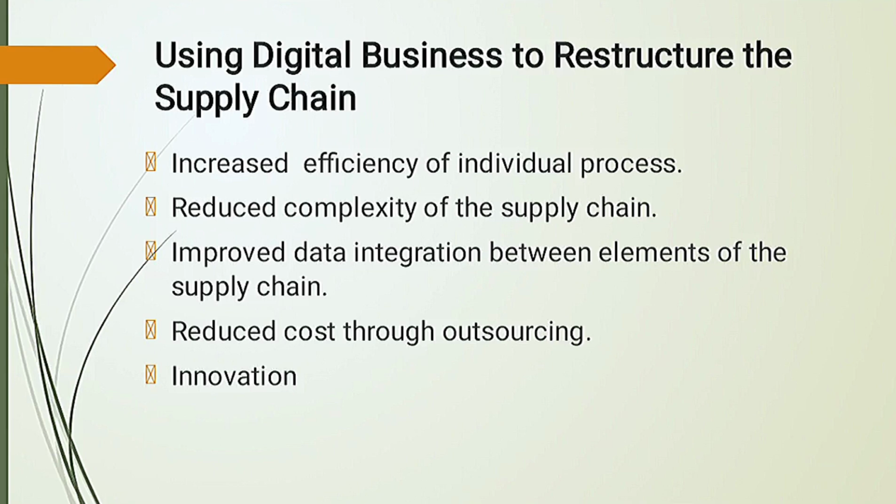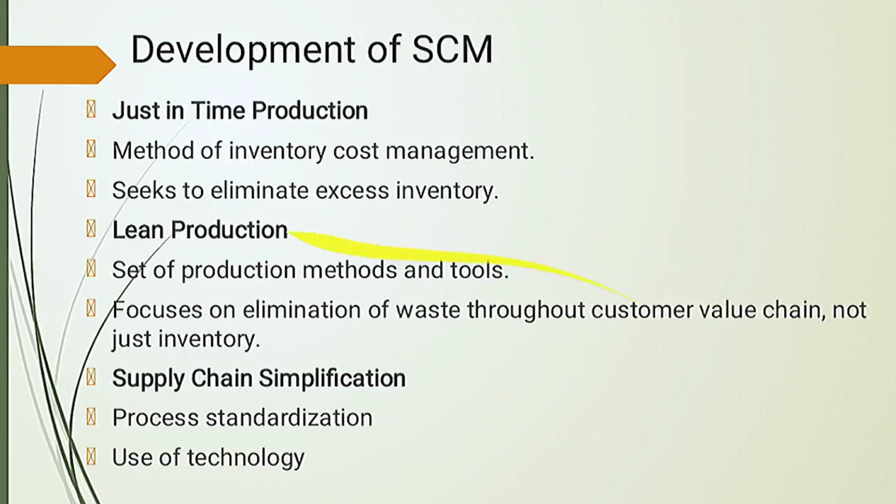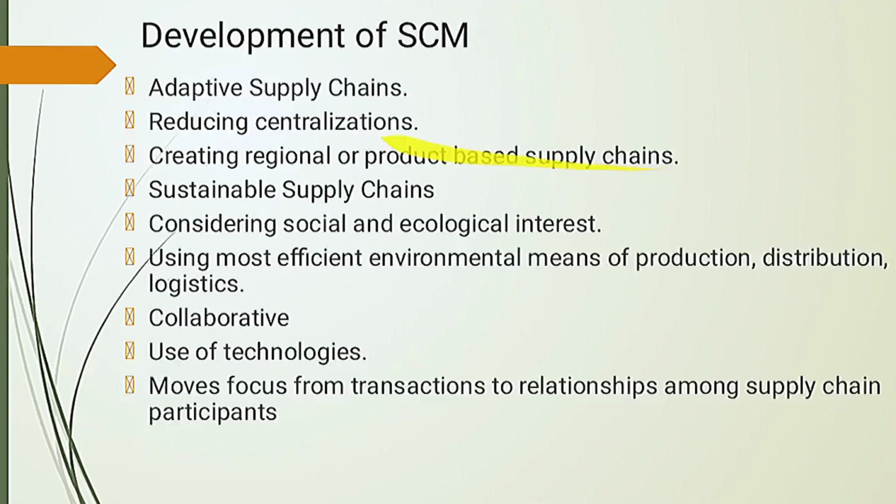It could lead to better customer responsiveness, which means the development of supply chain management could be just-in-time production, a method of inventory cost management that seeks to eliminate excess inventory; lean production, a set of production methods and tools focused on elimination of waste throughout the customer's value chain, not just in inventory; and supply chain simplification, a process of standardization through the use of technology.